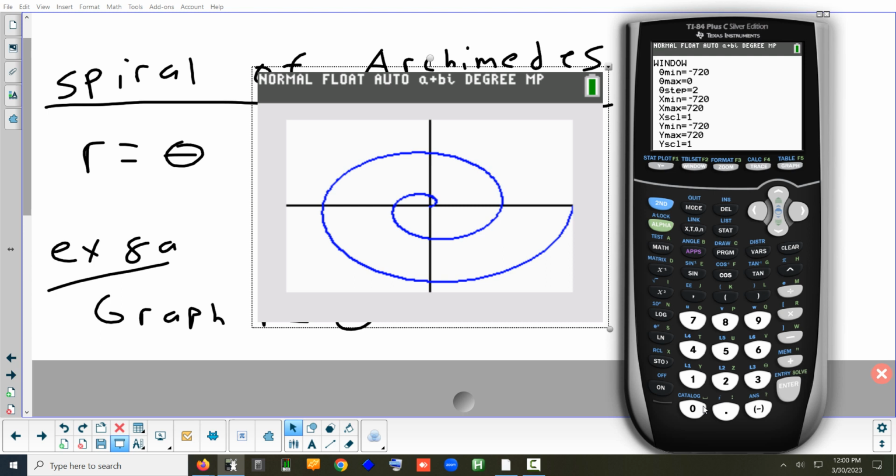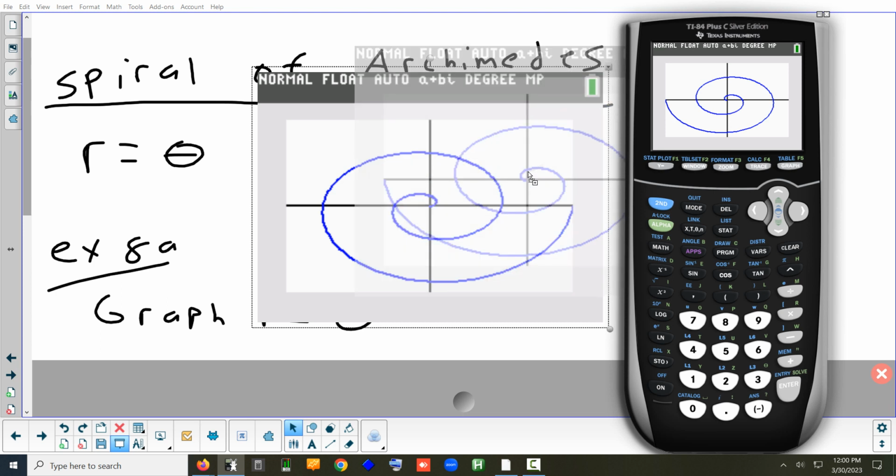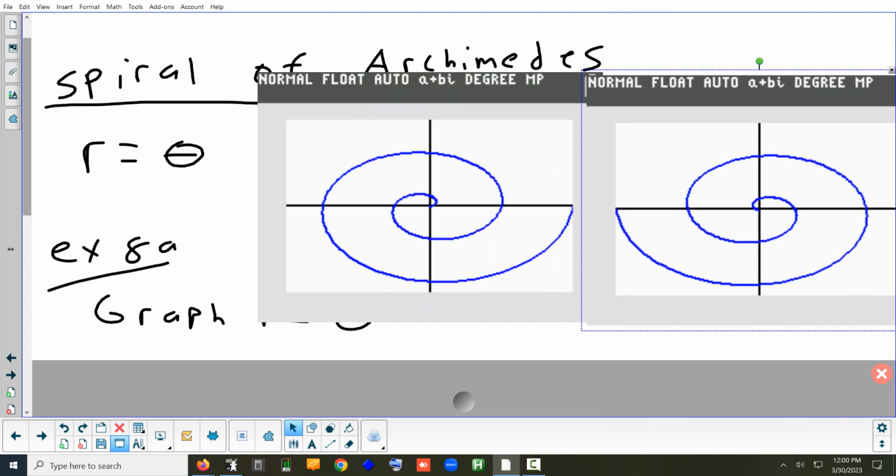You think it's going to be what? Flipped across the Y. Flipped across the Y? Let's take a look and see. So it took the spiral and mirror imaged it over the y-axis.